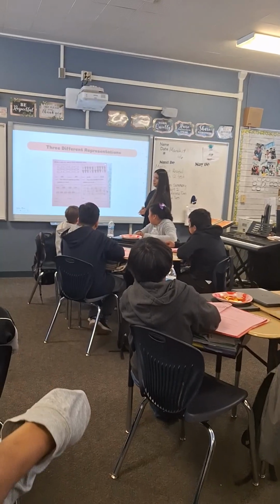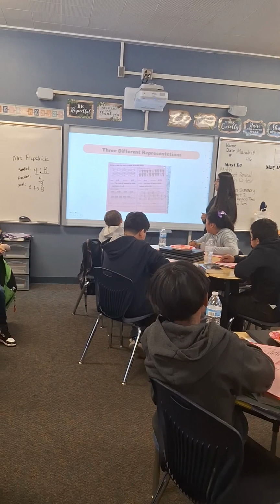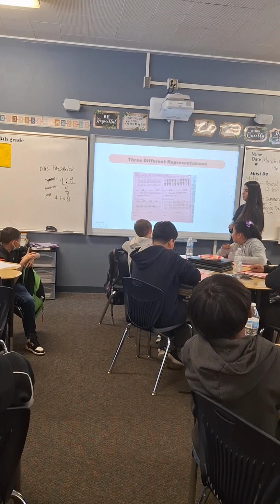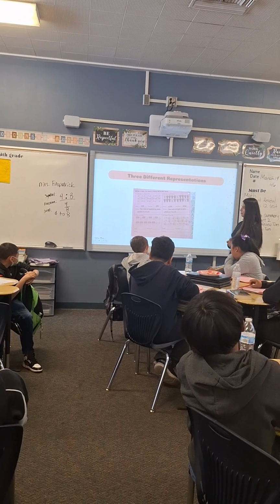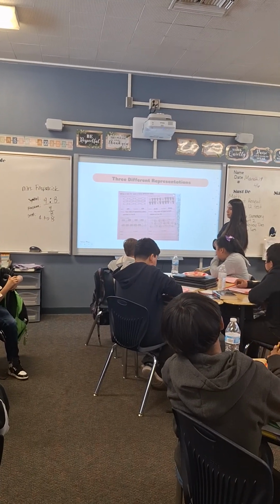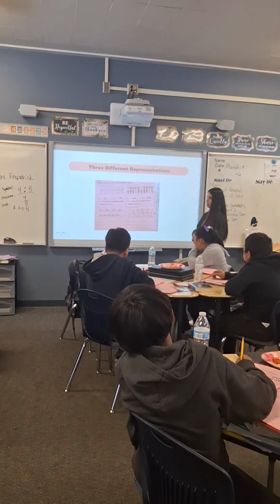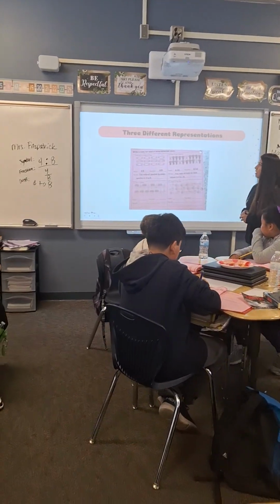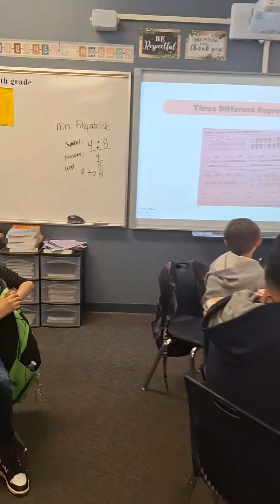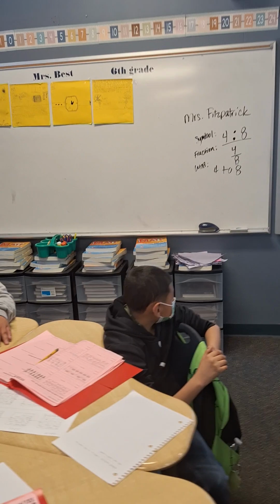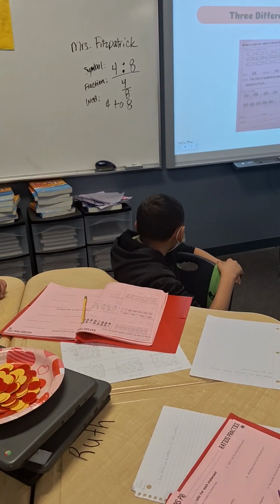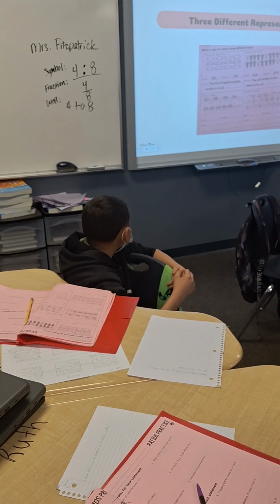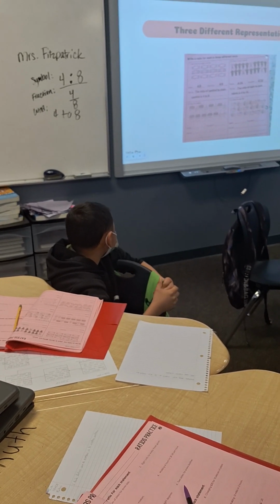Because if you count it, it says 20, and there's 4. Okay, so then Damien's going to explain to us why it's wrong. Can you explain to us why it's wrong? It's wrong because it's going light to dark, but it says dark to light.